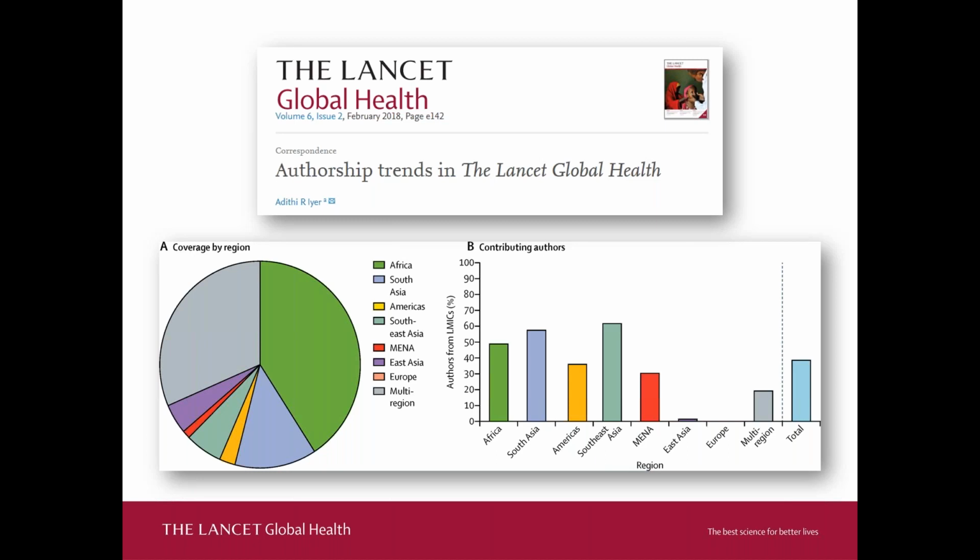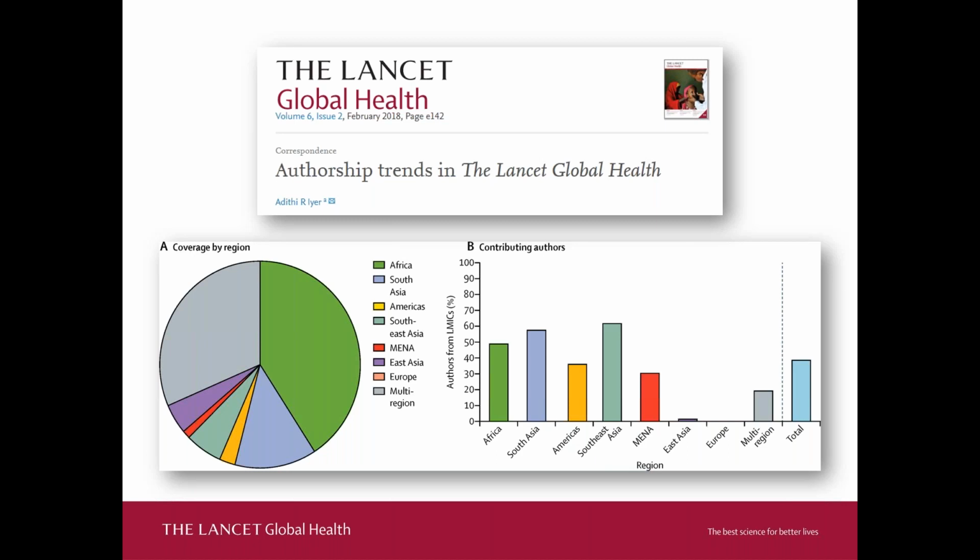But then if you look at the panel on the right, you can see that within those articles about Africa, only around 50% of the authors are actually coming from a low middle income country, not specifically an African country, but any low middle income country. In this particular case, one would assume they were probably from an African country.